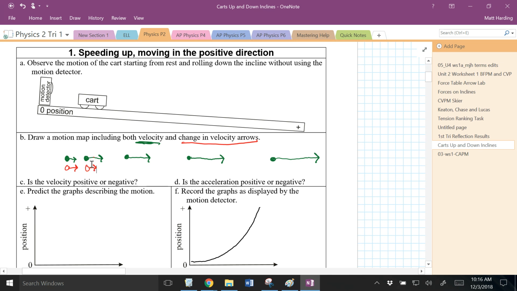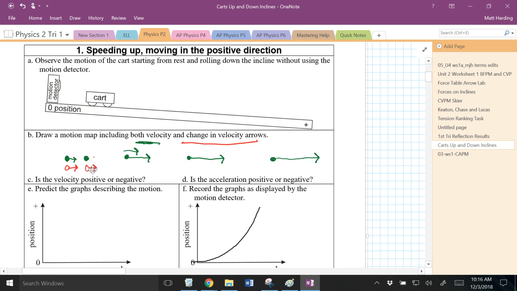So if I take that and that, and I add those two things together, that's how I get that arrow. You don't necessarily have to draw it in a separate color, but that's what the hollow dot arrow represents. It's the change in velocity.